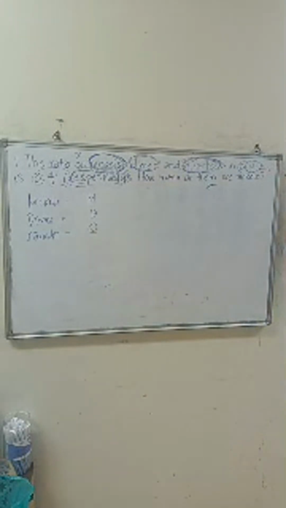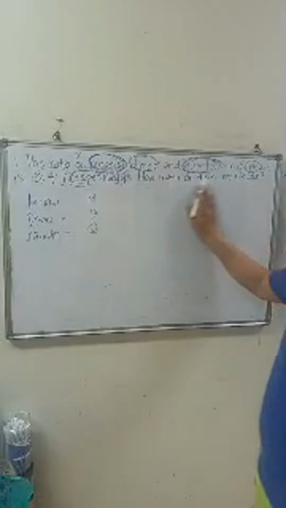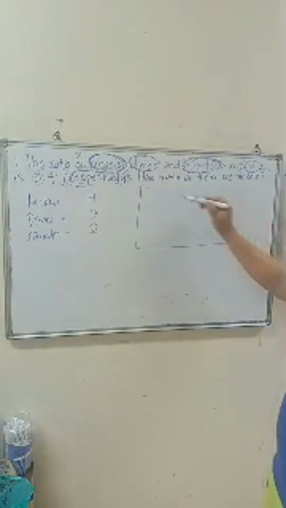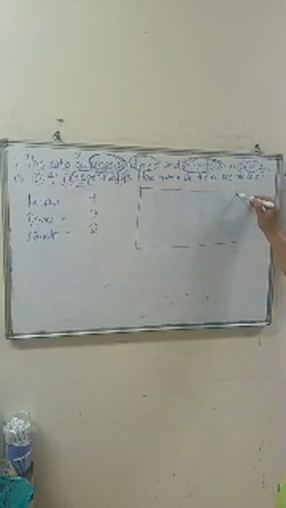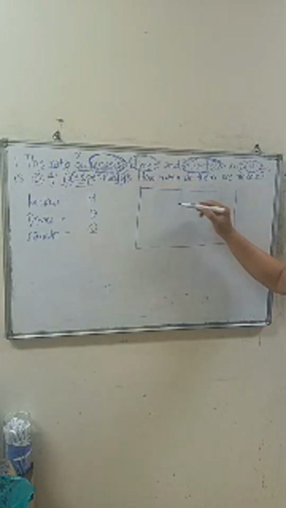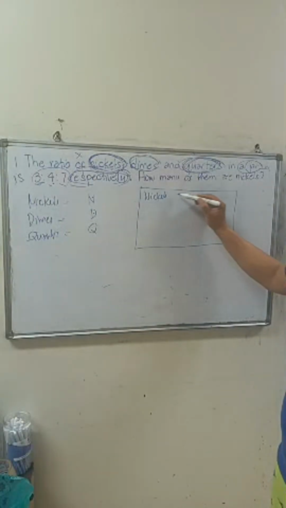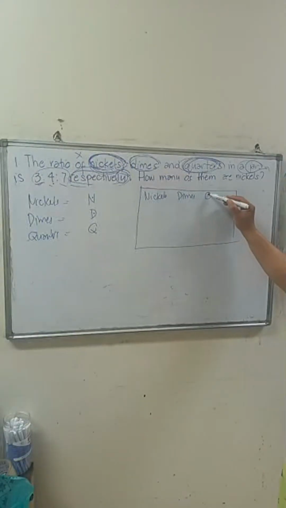NDQ. Now, I have to write the table. So we have here the nickels, the dimes, and the quarters.